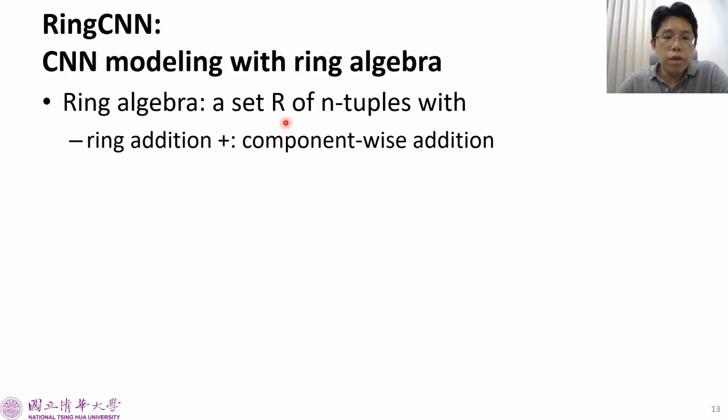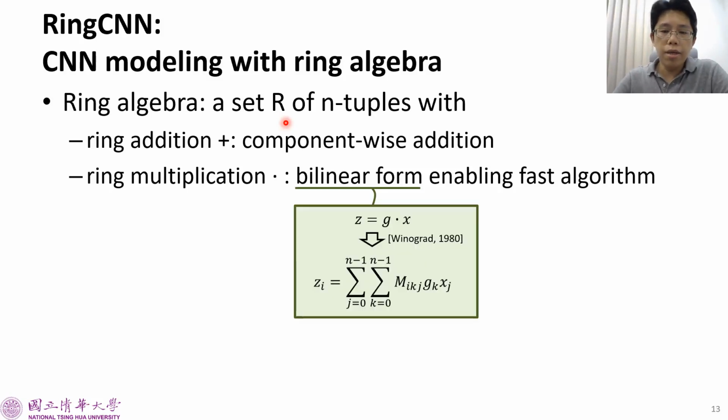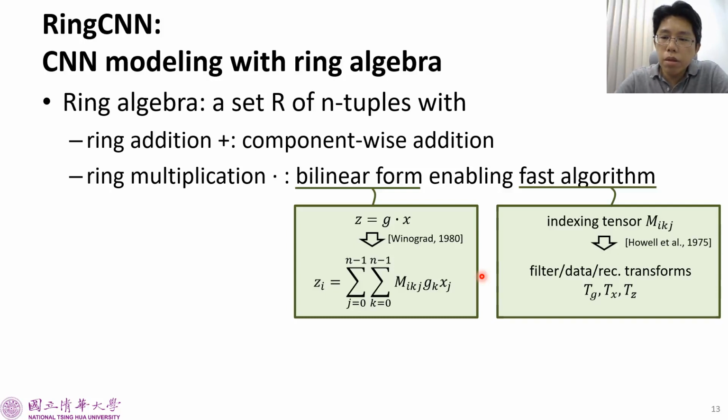And the other operator is multiplication, and it is more complicated. Here we assume it has a bilinear form, like here, which can enable fast algorithm. By factorizing the indexing tensor, we can have the filter, data, and reconstruction transforms.